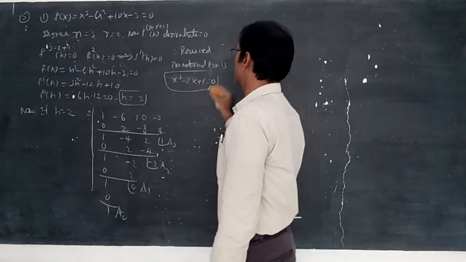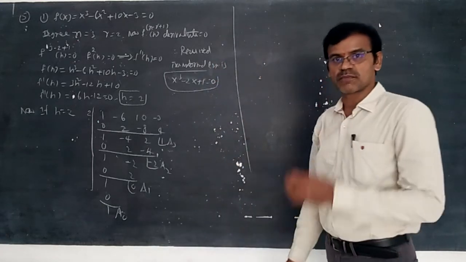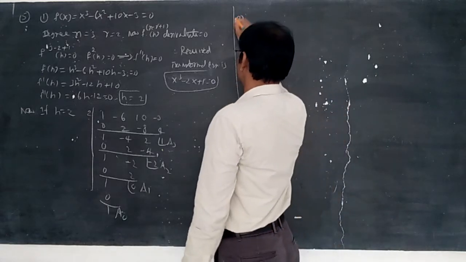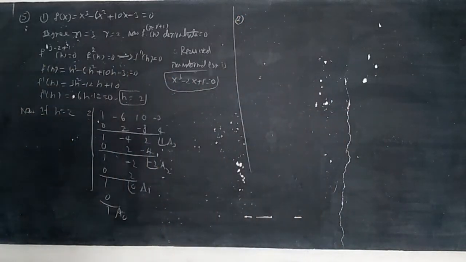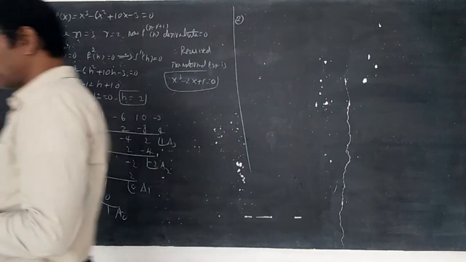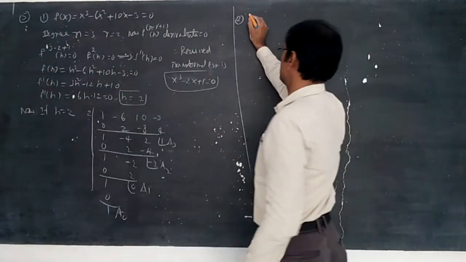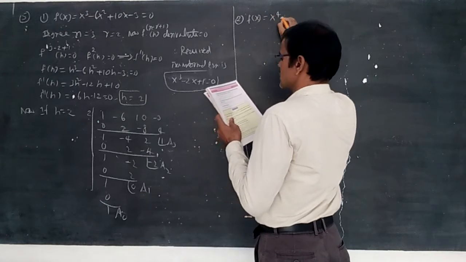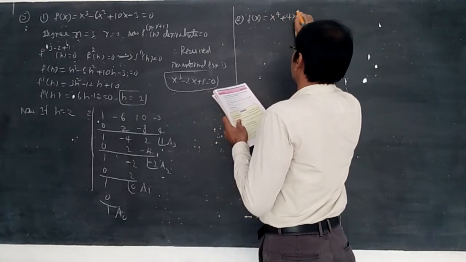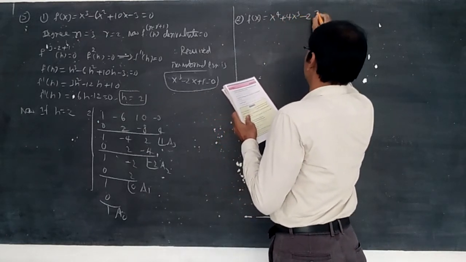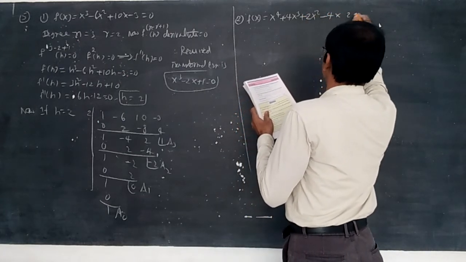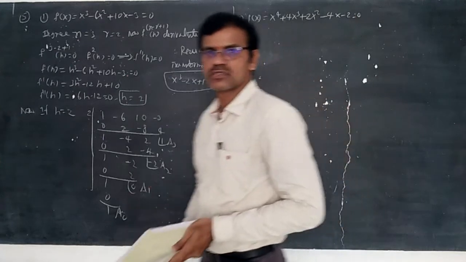Now, I want to discuss with you another sum in another model. Fifth one, second question. F of x is equal to x power 4 plus 4x cube plus 2x square minus 4x minus 2 is equal to 0.